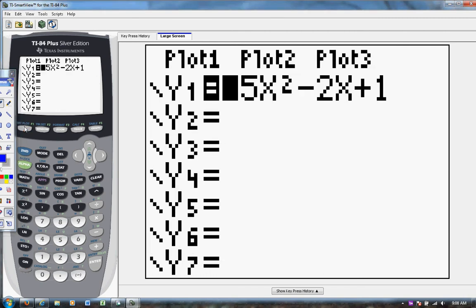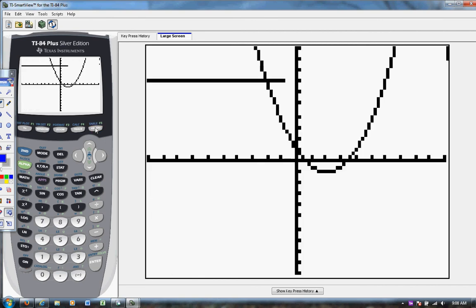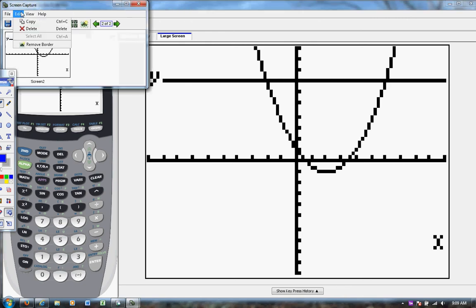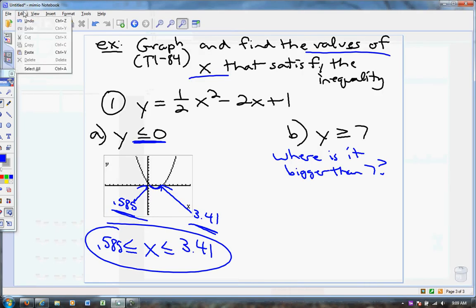So let's add to our graph y equals 7. Okay, so on y2, we're going to graph the constant function y equals 7. And it's going to be a horizontal straight line through 7. All right? Now, again, I'm really trying to help you understand this idea of what we're looking for.